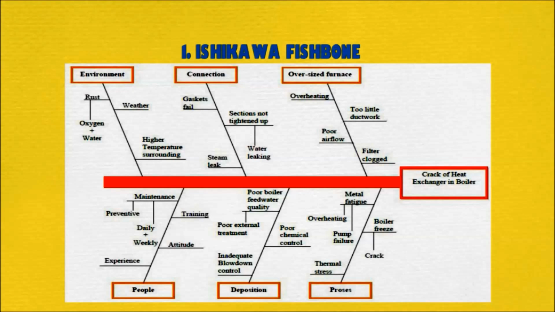For the deposition factor, poor external treatment can result in poor boiler feed water quality, poor chemical control, and also inadequate blowdown control. The last factor is the process. The process can result in thermal stress of the structure. Boiler freeze can cause structure cracks and overheating of the boiler, and pump failure can result in metal fatigue.